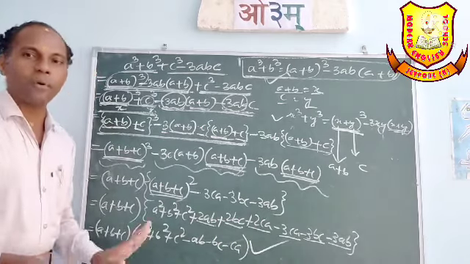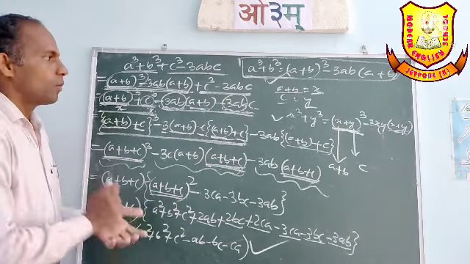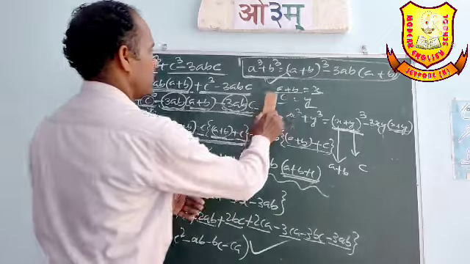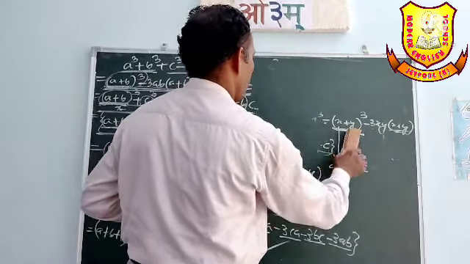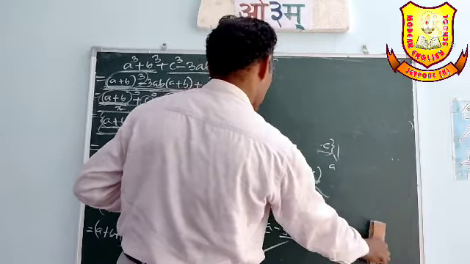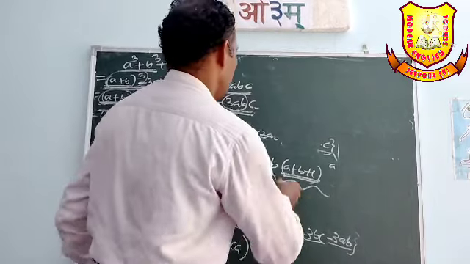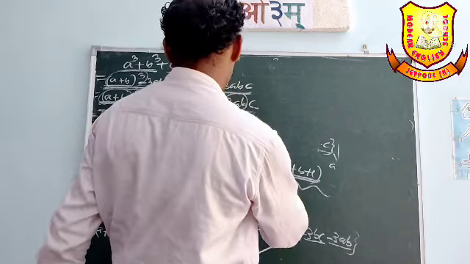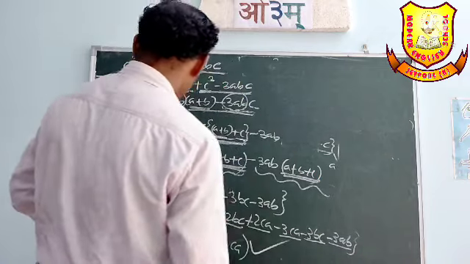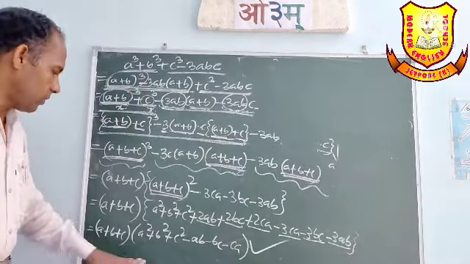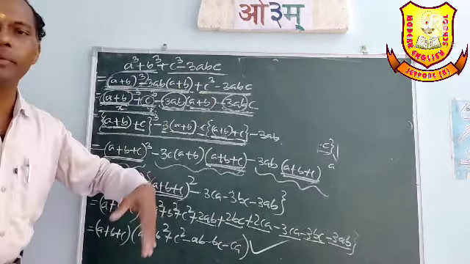Now the second formula we have to derive. What is the second formula? So this part I will write now. This one is already over, you all have known. So from here we have to derive the second formula.